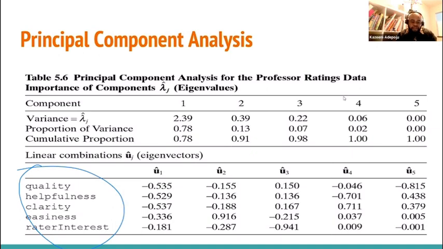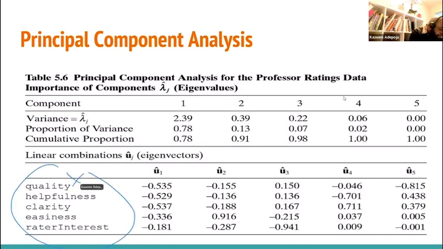This is like x1, x2, x3, x4, x5, all the predictors, all the explanatory variables. They actually have a relationship. They shouldn't. Because of that, we want to use principal component analysis to fix the problem of multicollinearity.